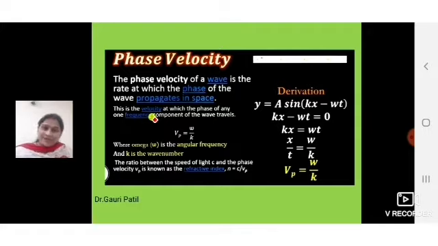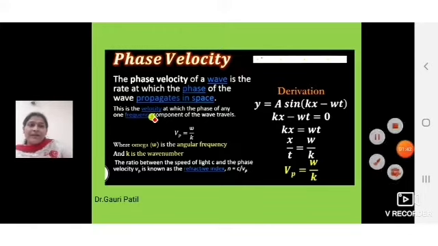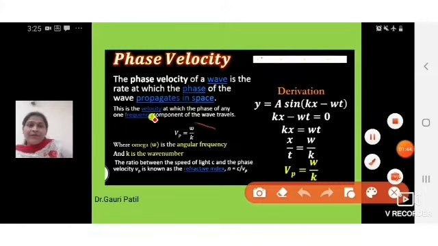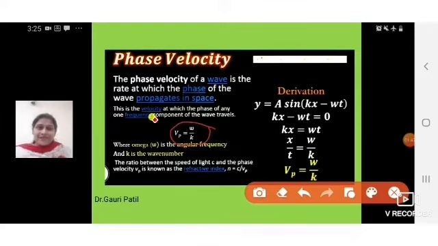I will repeat once again. The phase velocity of a wave is the rate at which the phase of the wave propagates in space, and it is given by the formula Vp is equal to omega by k, where omega is the angular frequency and k is the wave number.